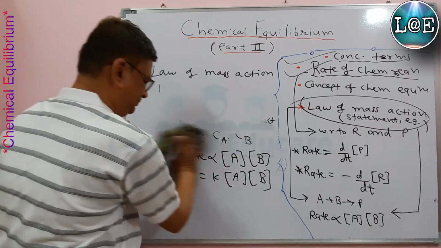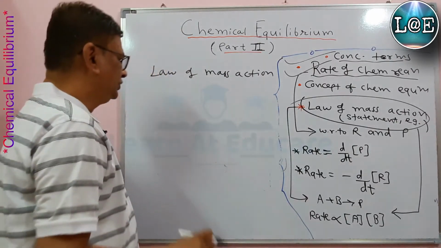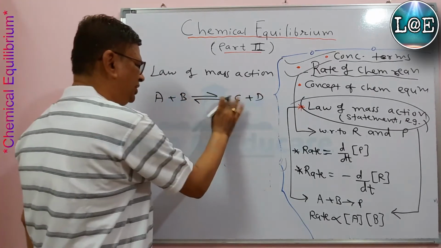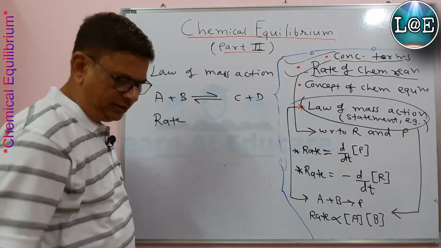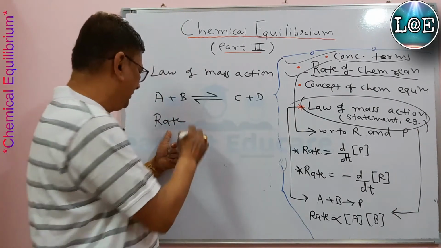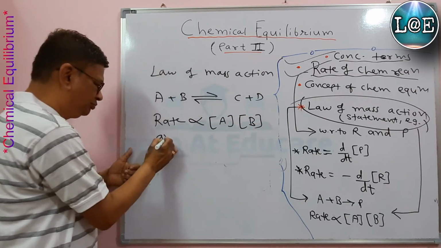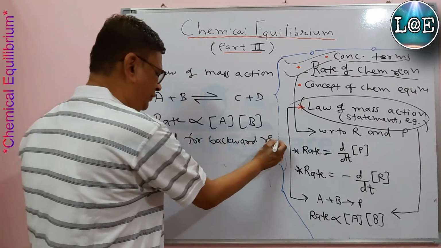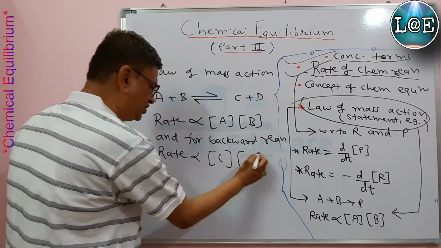Remember, if it is a reversible reaction, suppose A plus B gives reversibly C plus D. Then according to the law of mass action, the rate is proportional to the concentrations of A and B for the forward reaction, and for the reverse or backward reaction, the rate is proportional to the concentrations of C and D, as these are the reactants for the backward reaction.